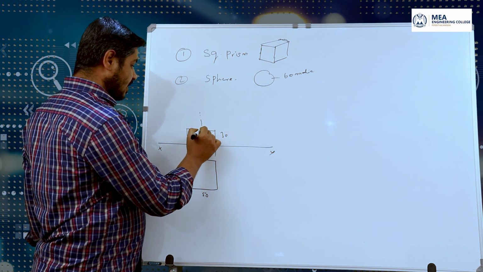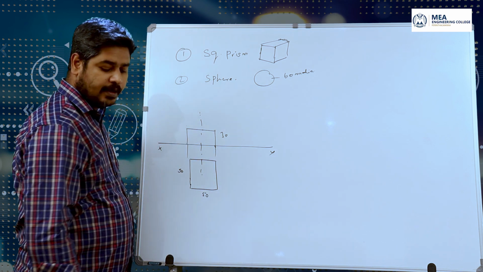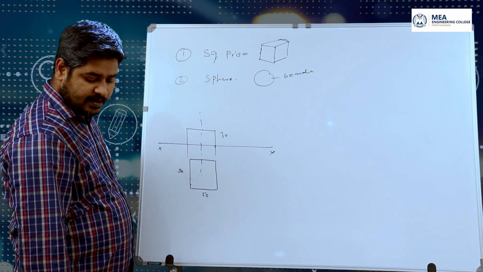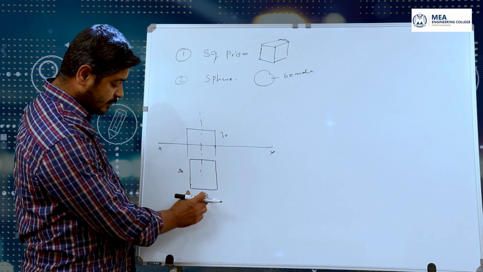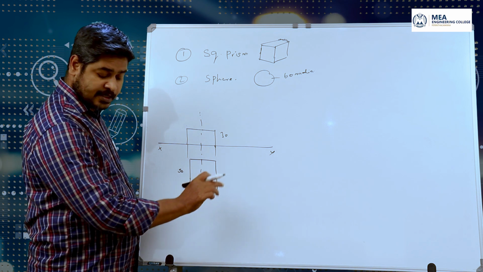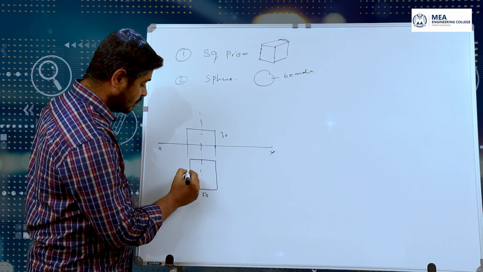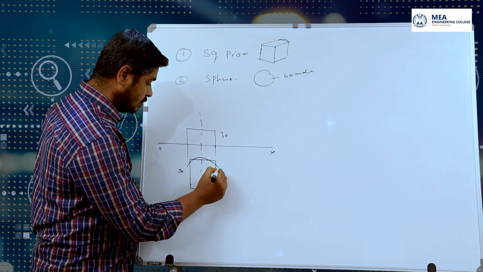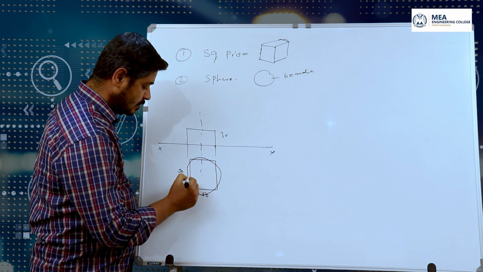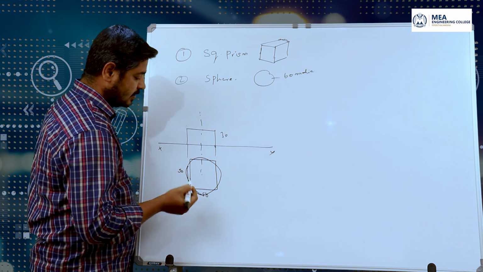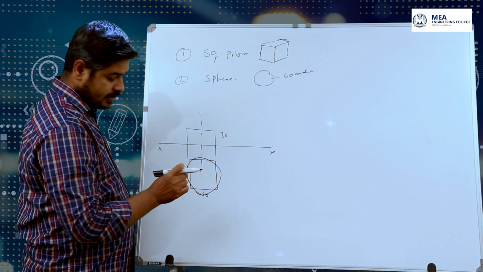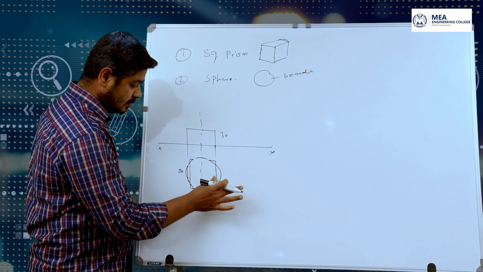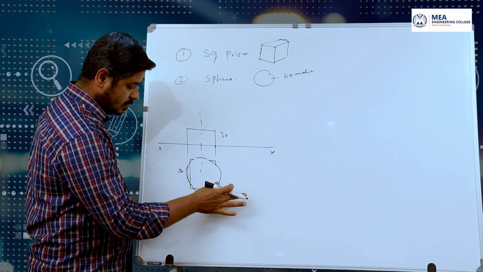Then fix the central line. This is the central line. One sphere is there. The sphere diameter is 60, and this is 50. The diameter of the sphere is 60, somewhat higher than this value. So definitely in the top view it looks like that. The inner side things are invisible in the top view.